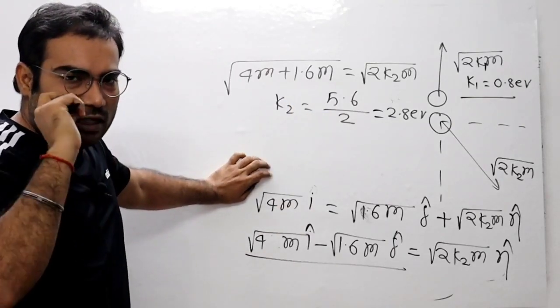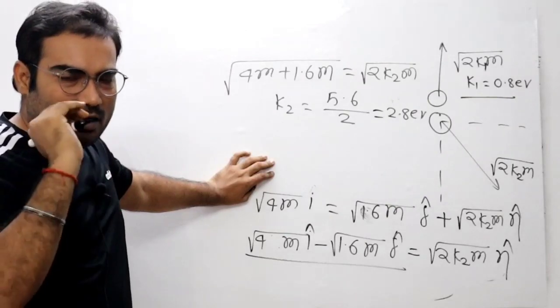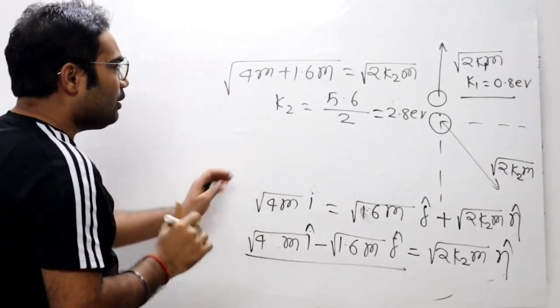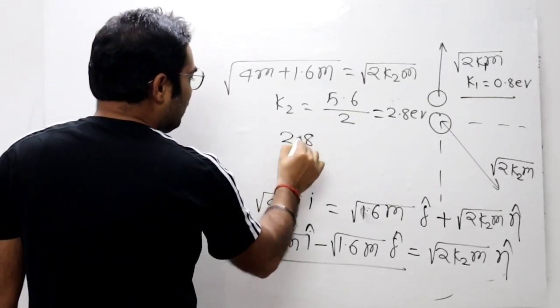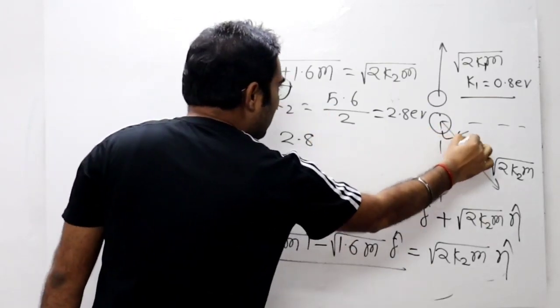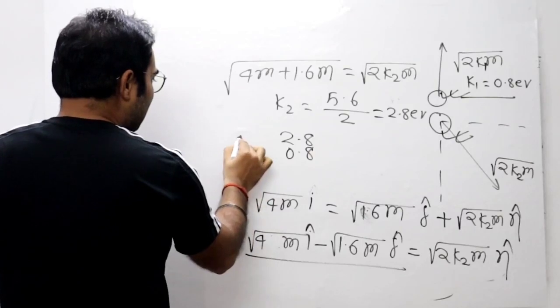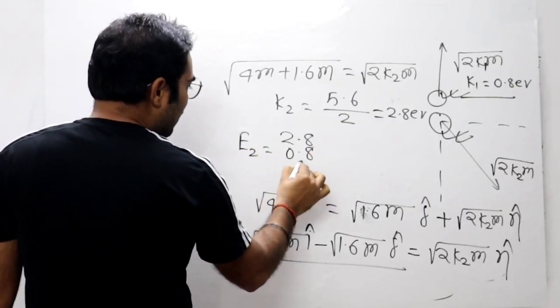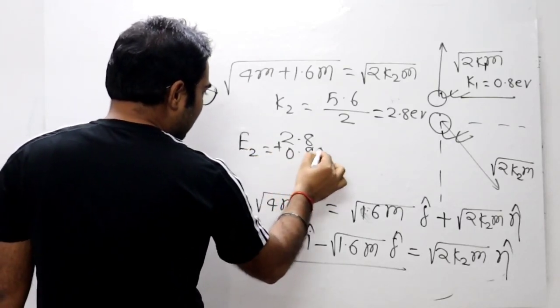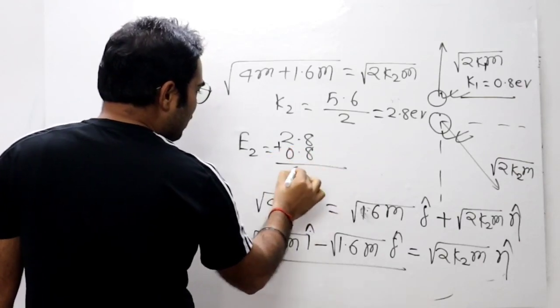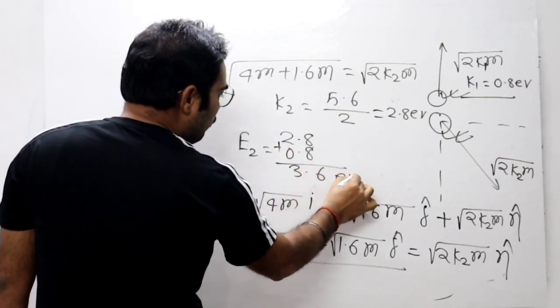It means the total energy of the system after dissociation is 2.8 for one part plus 0.8 for the other part, and if you add them, that energy is 3.6 electron volt.